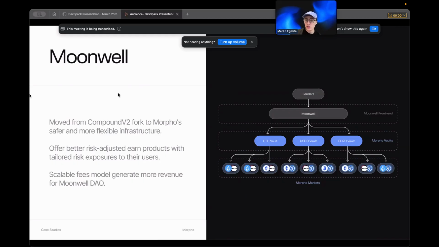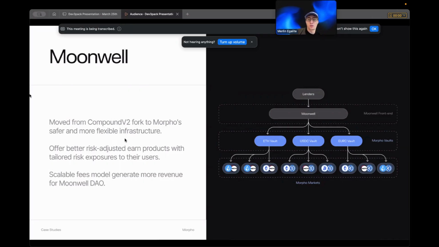And the lenders now just need to ask, okay, what's my risk profile? Am I fine earning more yield but taking more risk, or am I better off just having a safer position? So you can do everything on Morpho.